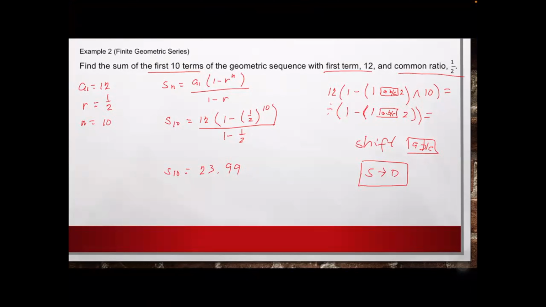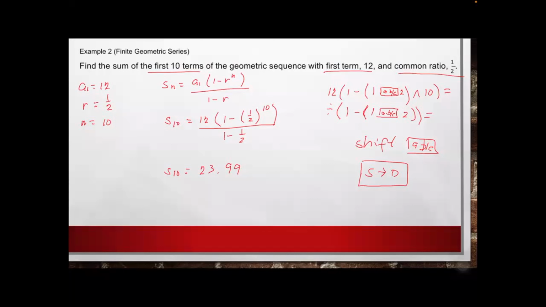So, 1 over 2 raised to 10, close parenthesis, divided by parenthesis 1 minus... Your answer, Ms. Diaz, is 23.99.